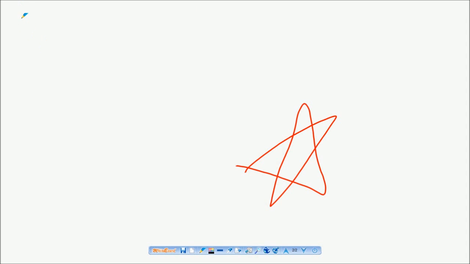In trigonometry, graphs normally look like y equals a cosine or sine, bracket bx plus c, bracket, and plus d.